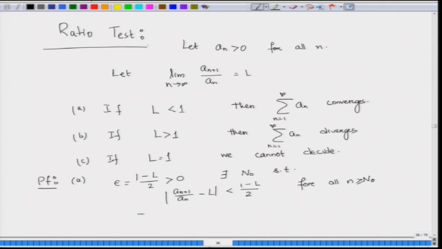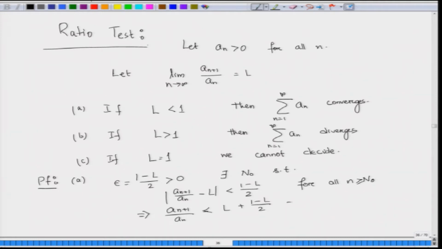So, by the triangle inequality, this will imply a n plus 1 by a n is less than L plus (1 minus L) by 2, because a n plus 1 by a n minus L is less than (1 minus L) by 2.